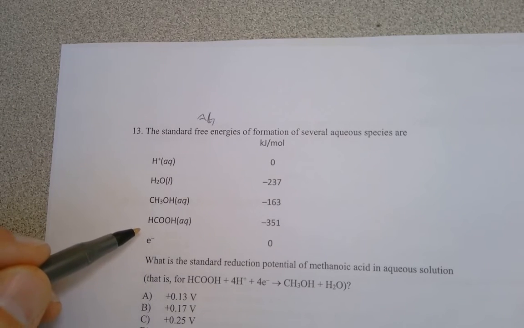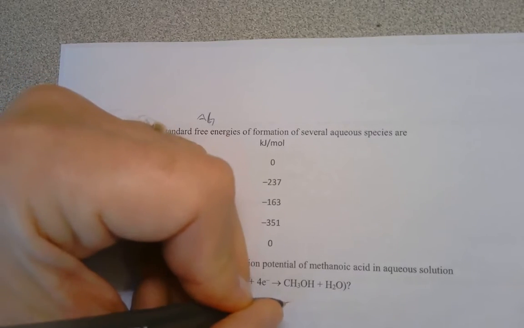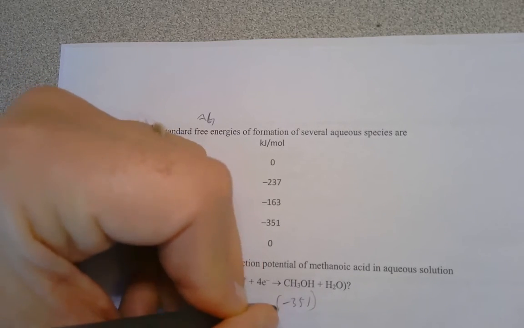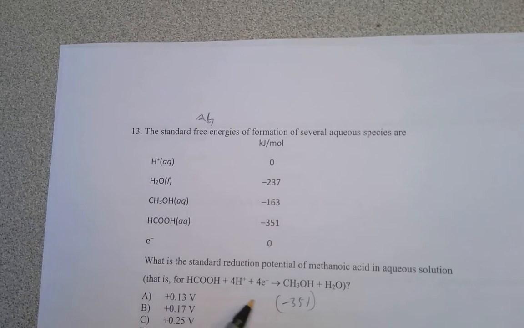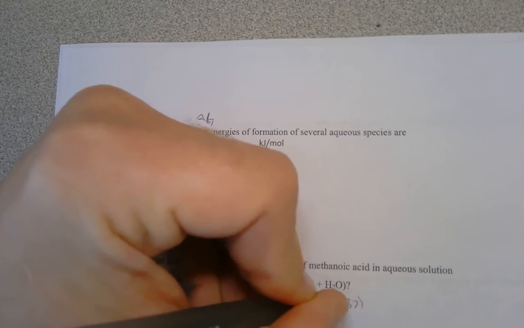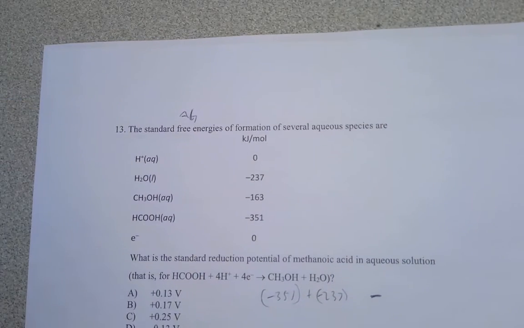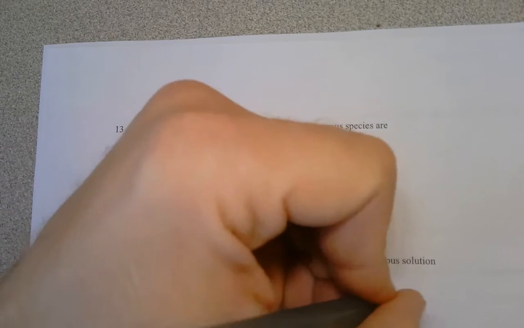Remember, for delta G's, amounts do matter and stuff. So we're going to go products. So negative 351. Is this thing balanced? This appears to be balanced. Plus a negative 237. So that's my products minus my reactants. So 4 times 0.